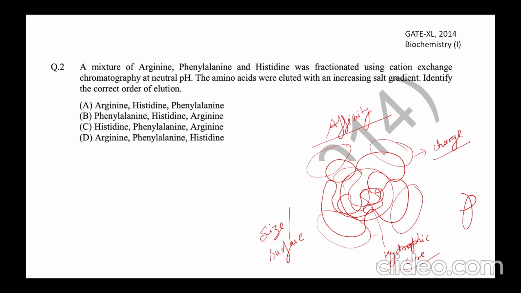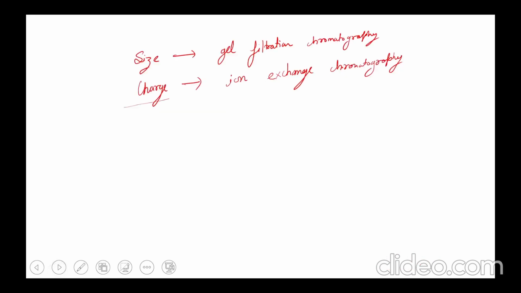Here it has been talked about ion exchange chromatography. As I mentioned, it utilizes the charge of the protein. Based on the charged residues, the protein can be either positively charged or negatively charged, or non-polar, or polar but uncharged.